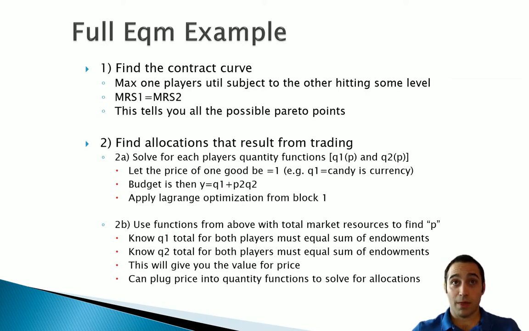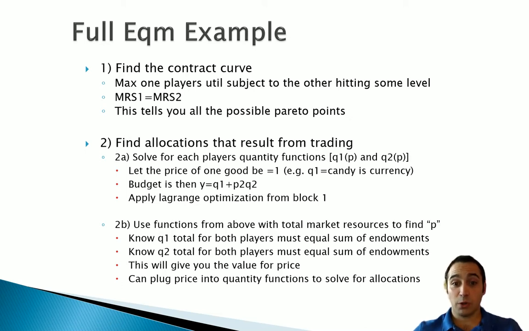The budgets will then look something like this. However much money you have is going to be equal to how much good 1 you have times its price, which is 1, plus how much good 2 you have times its price, which is either P or P2. Once you've set up the problem like this, all you have to do is apply the Lagrange optimization tools you had from block 1.